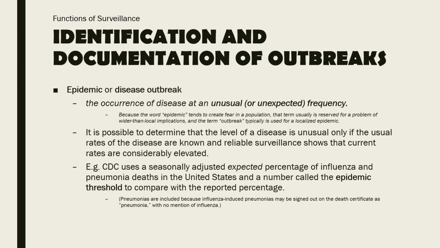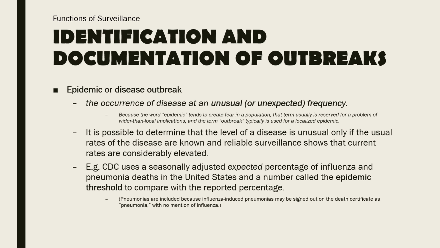So it is important to identify and document outbreaks, such as in the coronavirus situation, because the occurrence of disease at an unusual rate or unexpected frequency is alarming. It is possible to determine that the level of a disease is unusual only if the usual rates of the disease are known and reliable surveillance shows that current rates are considerably elevated.